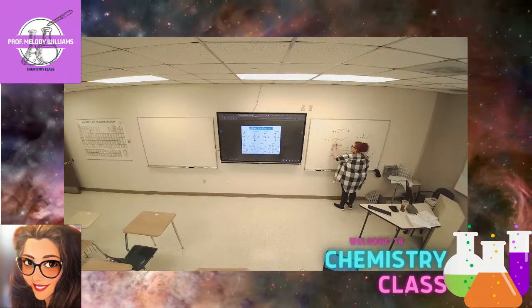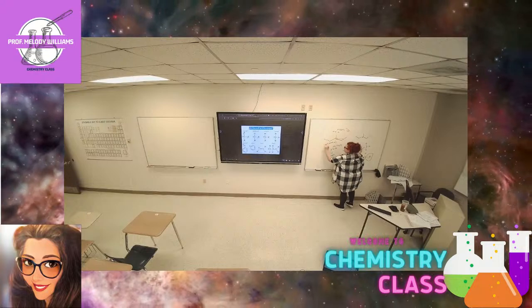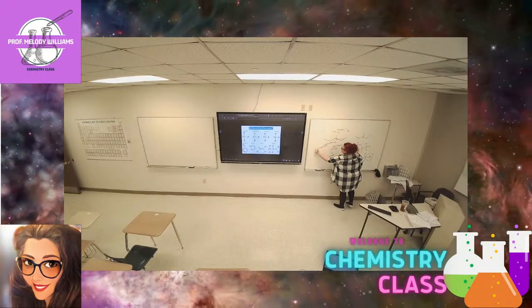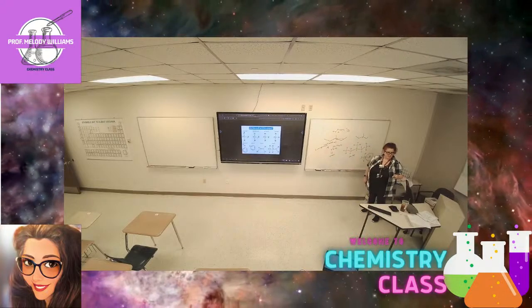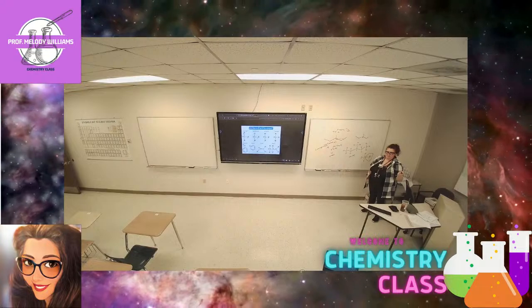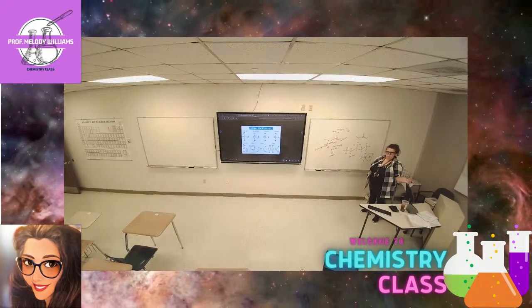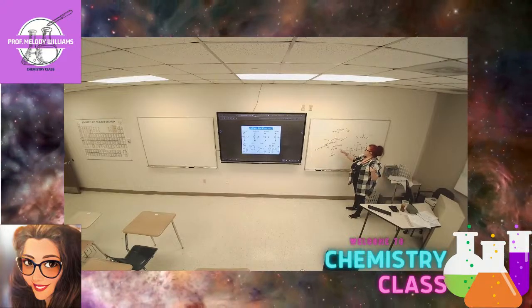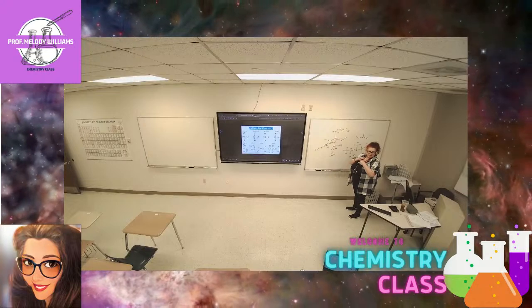So we have a carbocation rearrangement and a hydride shift. Fancy words for positive charge moves to an area where it's more stable, and the hydrogen shifts over where the other one was.